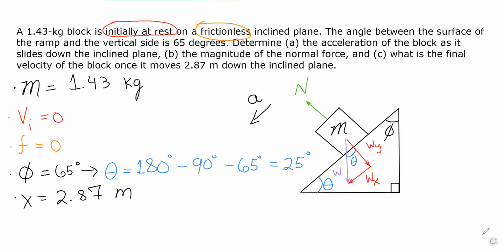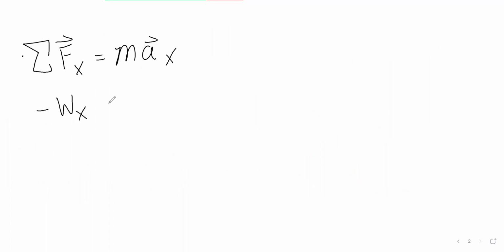So let's see what happens. If you were to apply Newton's second law in the x direction, sum of all forces acting in x, well, there's only one force acting in x. That's Wx equals ma.